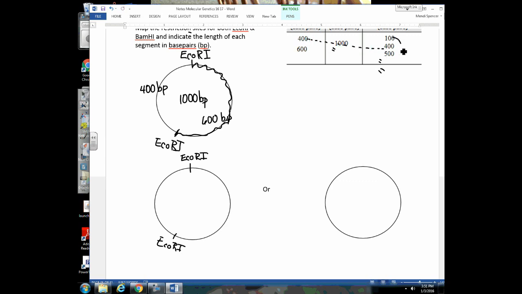And then these two segments, they add up to 600. So I bet the restriction site is somewhere on this segment that was 600 base pairs long. So if there's a restriction site here for BamHI, then when treated with both restriction enzymes, I should get a segment that is 100, a segment that is 400, and a segment that is 500.